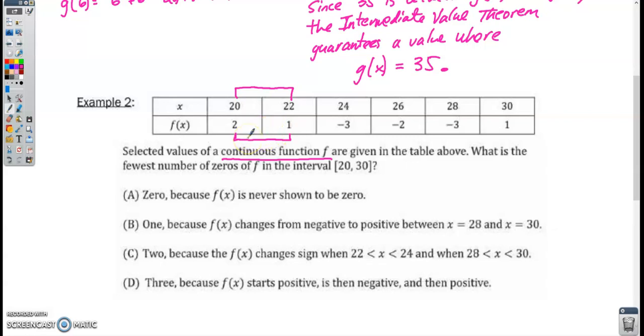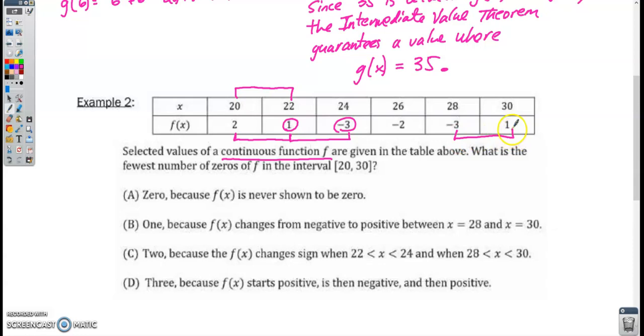So I'm not guaranteed a 0 in that interval. In the next interval, from 22 to 24, I am guaranteed to hit a 0 because 0 is in between the function values at the endpoints. So there's 1 on the interval from 22 to 24. I'm not guaranteed 1 from 24 to 26. Not guaranteed 1 from 26 to 28.